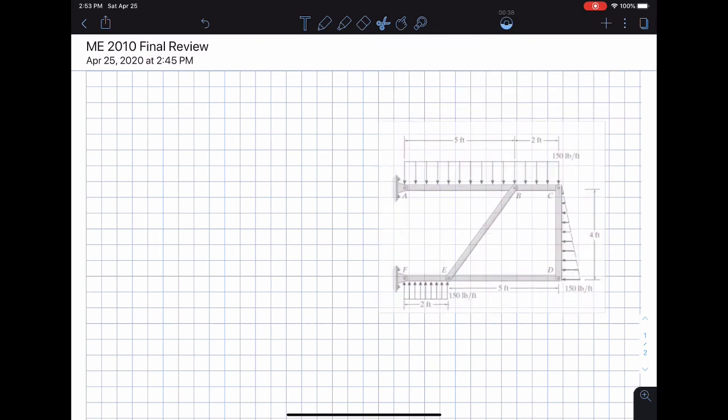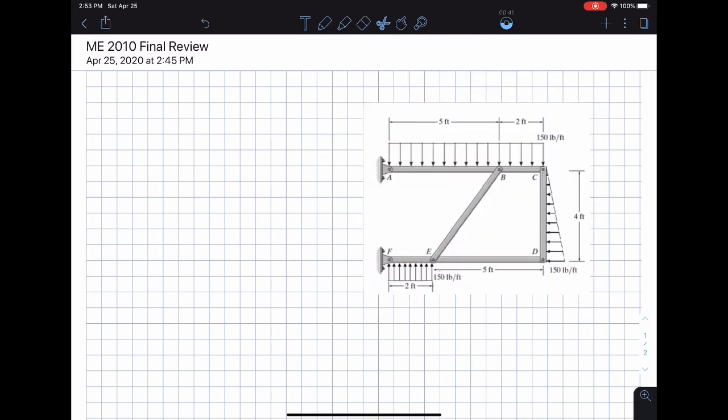Here is the figure, and you are told that in this frame there is the bar ABC, then there's the bar CD, there's the bar DEF or FED, and then there's the bar BE, and we need to find the support reactions in the pins A, B, C, D, E, and F.